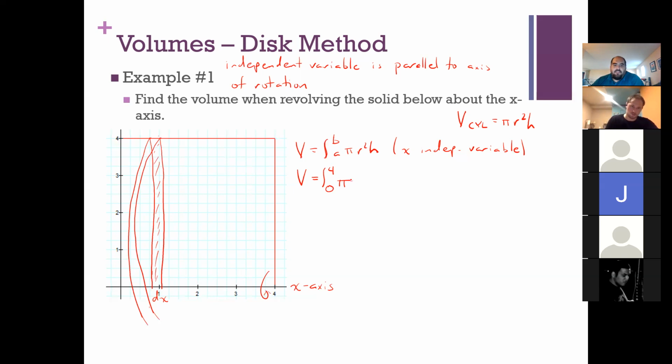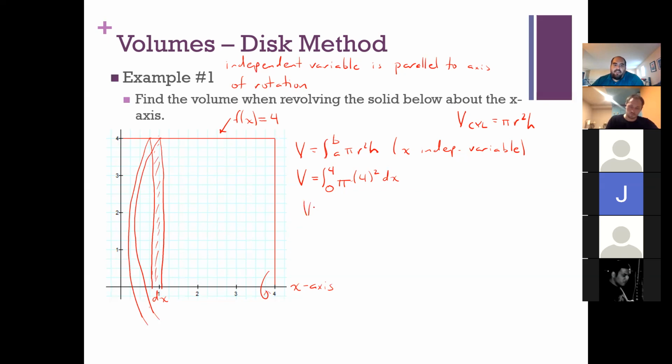I didn't really give it to you, but what is f of x equal to? It's just 4, a constant. So pi times 4 squared, and the height of the cylinder is always just whatever the dx thickness is, a differential term.